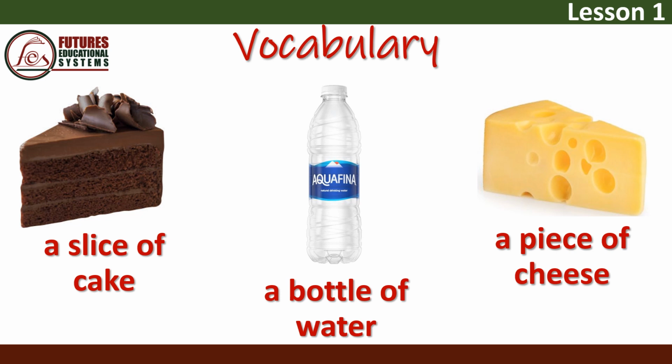We're talking about things that are usually uncountable, but we are counting them when they are in specific containers. Like when I say a slice of cake, I'm not talking about the whole cake, I'm talking about a slice of cake. I'm talking about a bottle of water, not water in general. I'm talking about only one bottle of water.